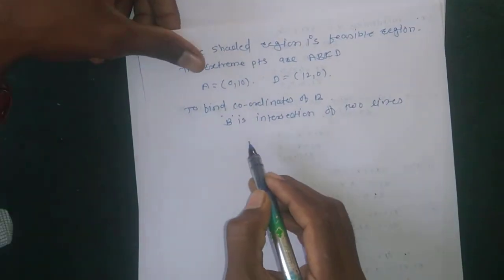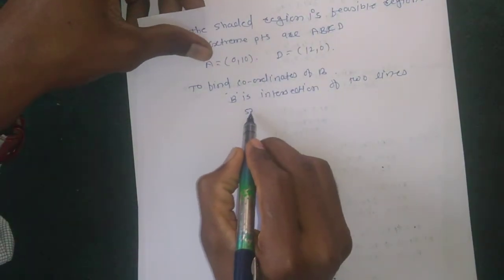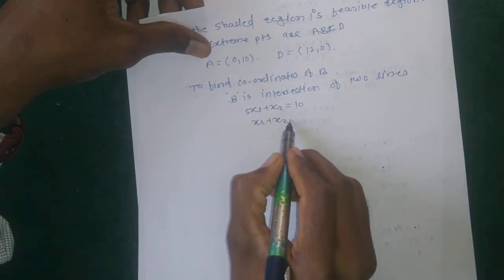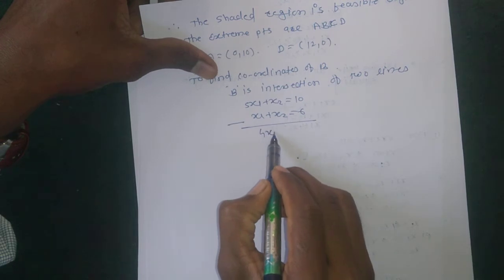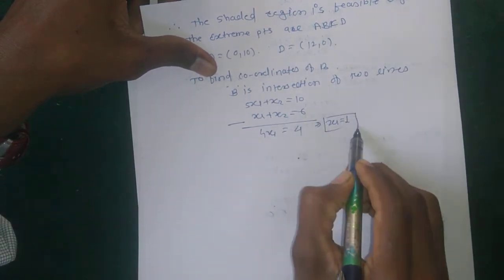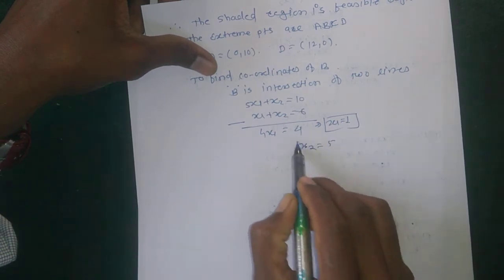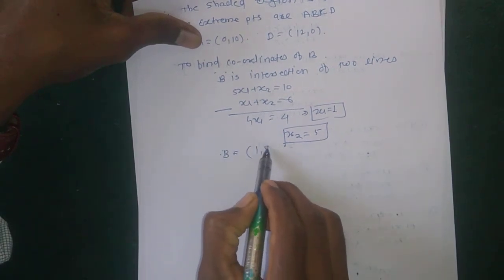The two lines are 5x1 plus x2 equal to 10 and x1 plus x2 equal to 6. Subtracting, we get 4x1 equal to 4, which implies that x1 is equal to 1. Putting x1 equal to 1, we get x2 equal to 5. Therefore point B is (1, 5).